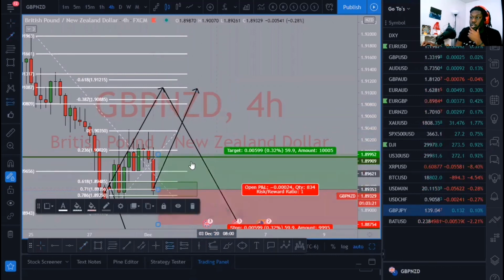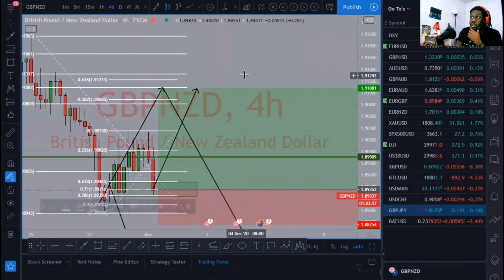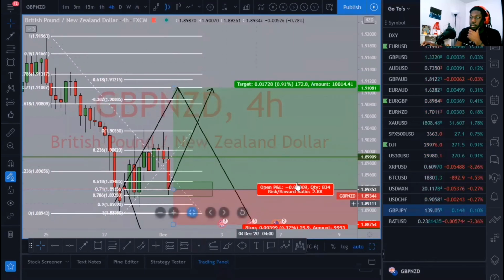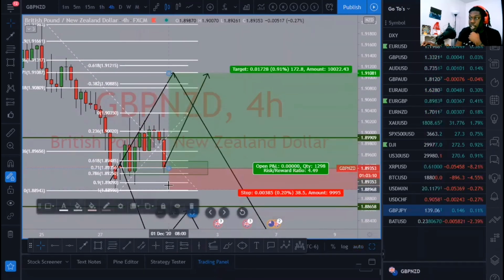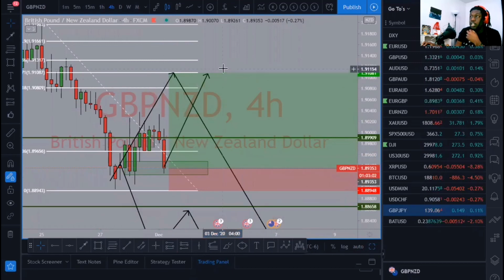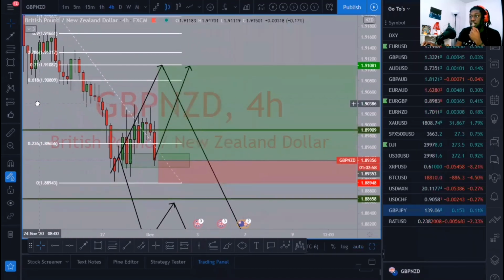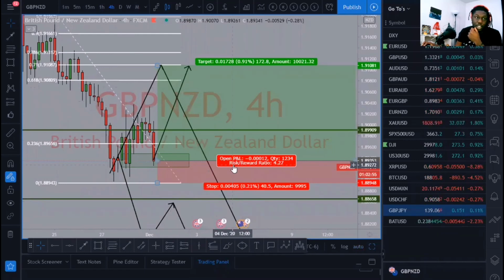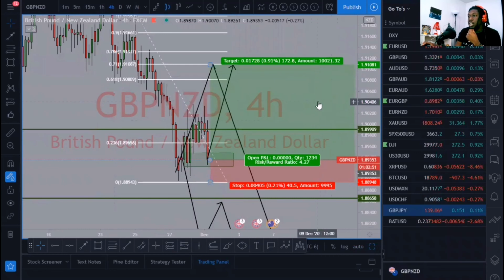So I'll give updates on it naturally. And your stop loss would be right here. All right, let me get rid of this fib. There you go, this is what I would want to see on GN. And if it doesn't play out, then it is what it is. It's a 40 pip stop loss, and you're looking for 172. That's not terrible. Let's see how that plays out.